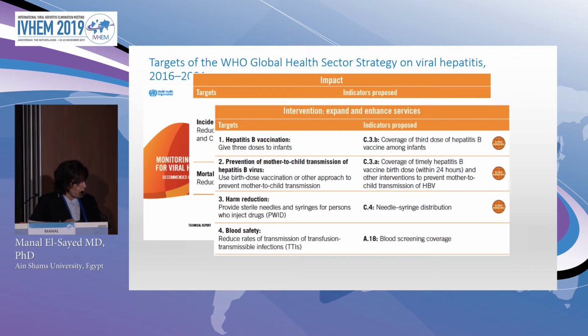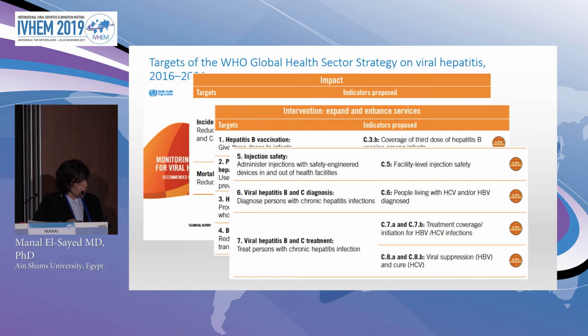Harm reduction, providing sterile needles and syringes for persons who are injecting drugs, and needle syringe distribution, in addition to the safe injection practices. Blood safety, reducing rates of transmission of transfusion-transmitted infections, and the indicators would be blood screening coverage.